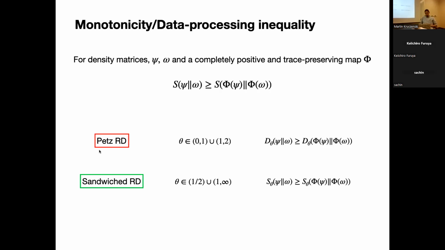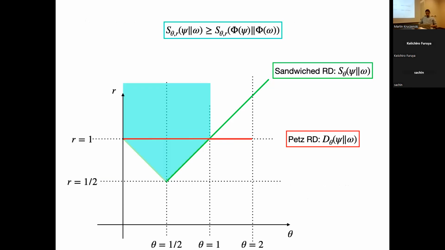For Petz and sandwich Rényi divergences, monotonicity is satisfied within this region. Theta ranges from 1 to 2. And for the sandwich Rényi divergences, it is satisfied from half to infinity.